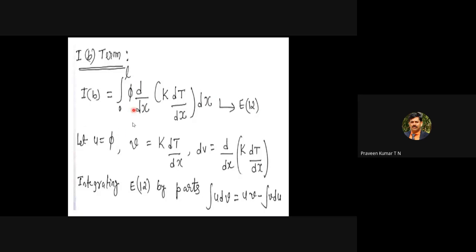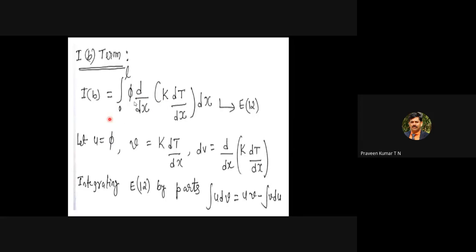So you have to go by integration by parts. From 0 to L, phi is also a variable, and dT by dx is also a variable. Phi is not constant. Hence, you have to go by integration by parts. We know that integration by parts is given by the integral of u dv equals uv minus the integral of v du. You have to choose in such a way that the simplification is easier.